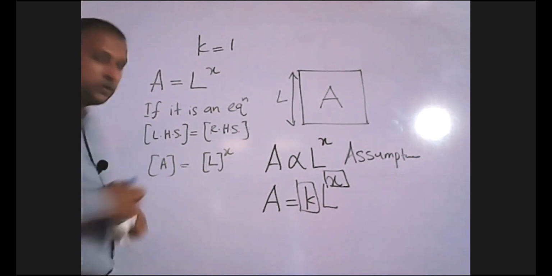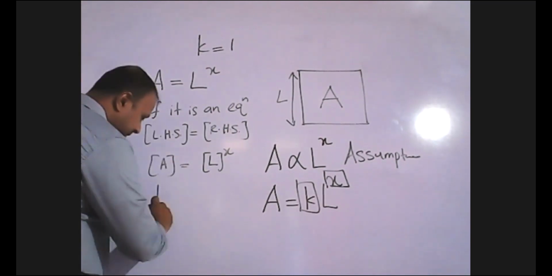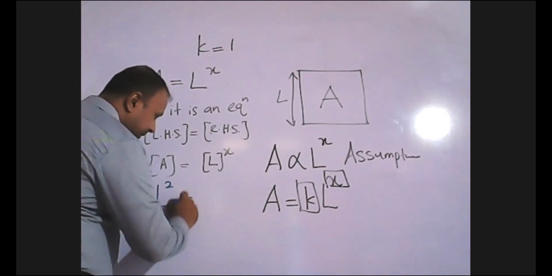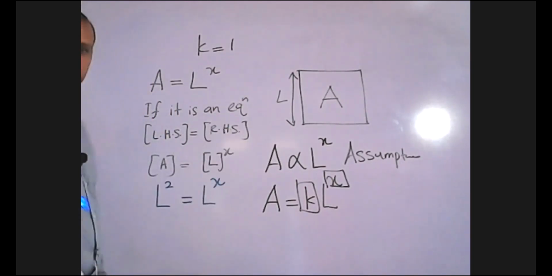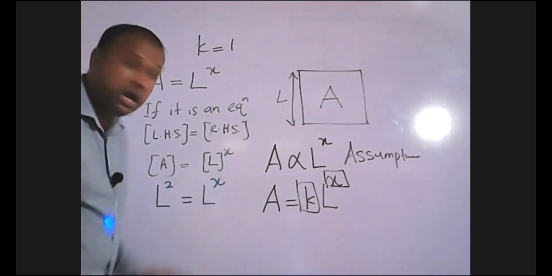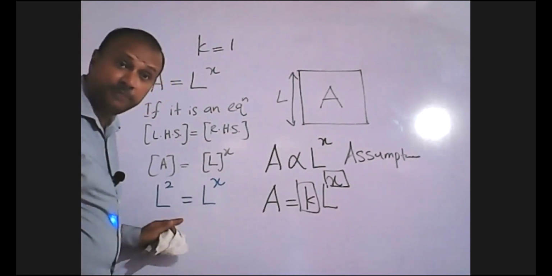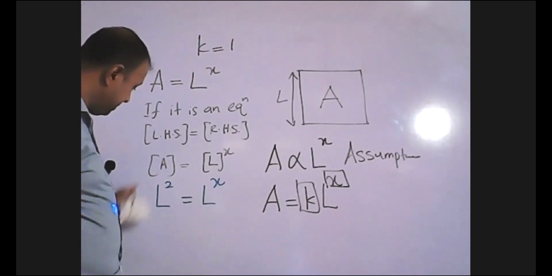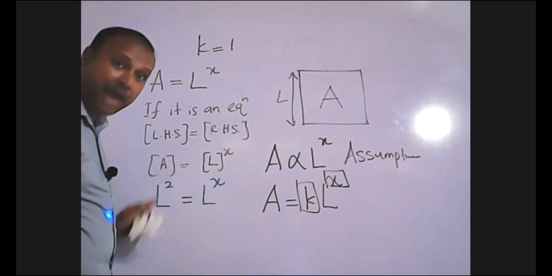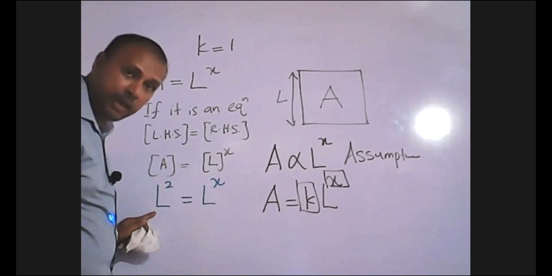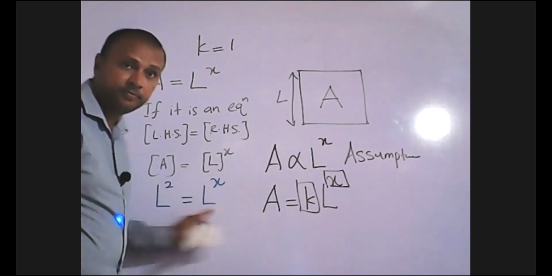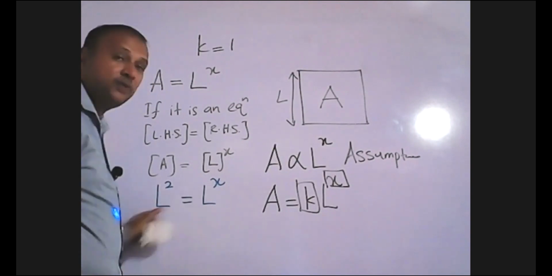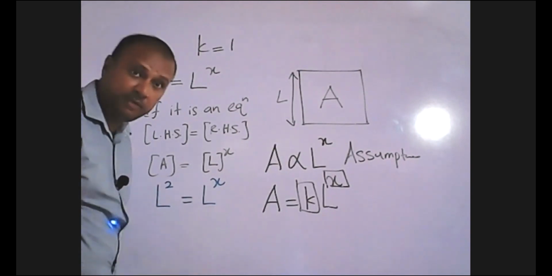So this one is L squared. This one is L to the power X. Now there is an equation. LHS has a base of L. RHS has a base of L. Both sides have the same base.